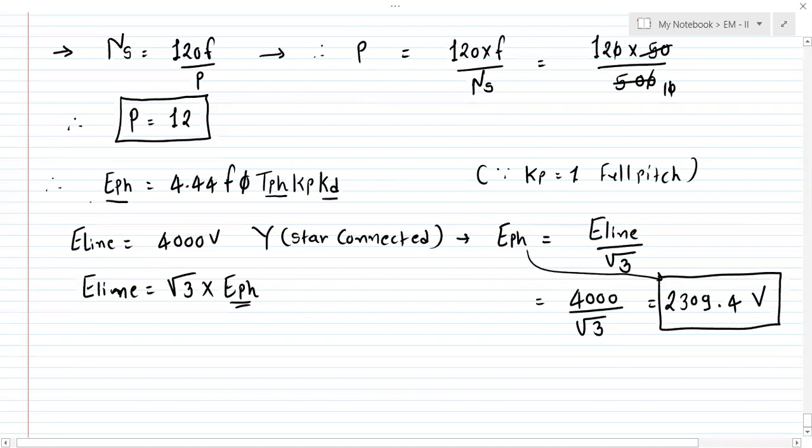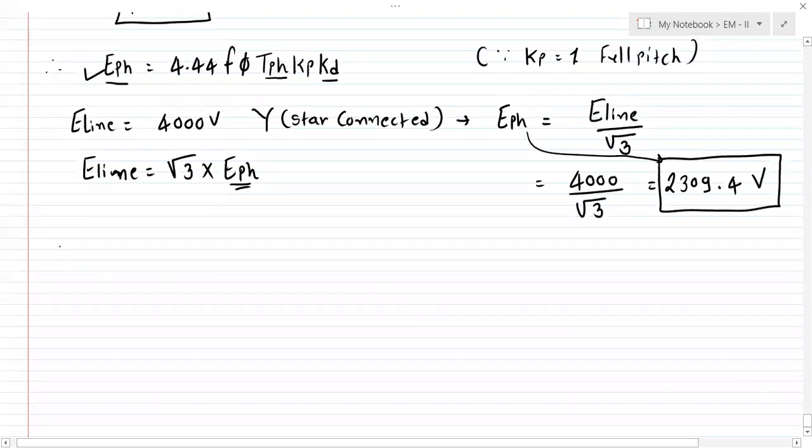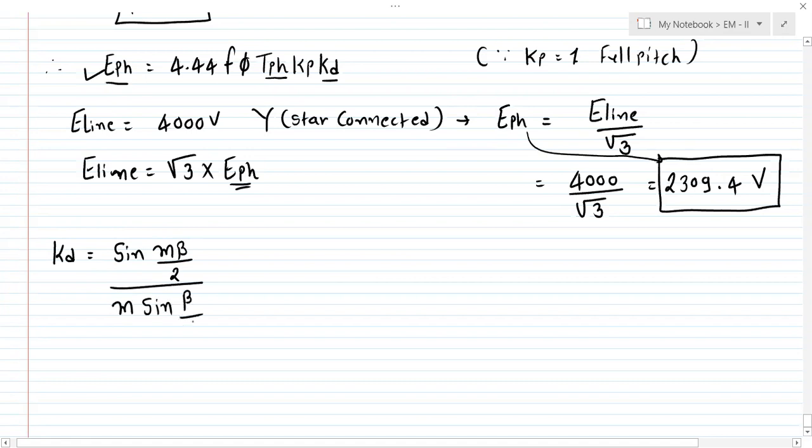So from this equation EPH is known, 4.44 is known, F is known, phi we have to find. Now we have to find TPH and KD. First, let's find KD, which is the distribution factor. KD is equal to sine of m beta by 2 divided by m sine beta by 2.